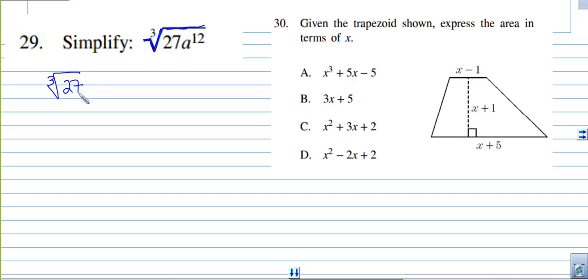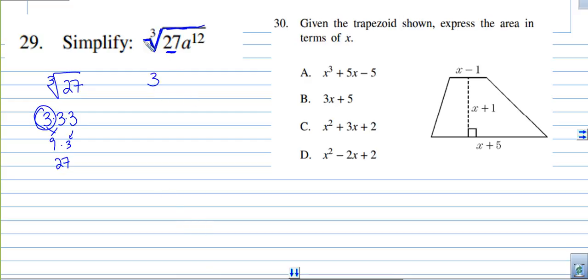You would do the third root of 27, or ask yourself, what do you have to multiply together 3 times to get 27? And the answer is 3, because 3 times 3 times 3 is 27. Okay? And then you bring down the times 3. So then we know 3 is the right answer, so this part breaks down into 3.